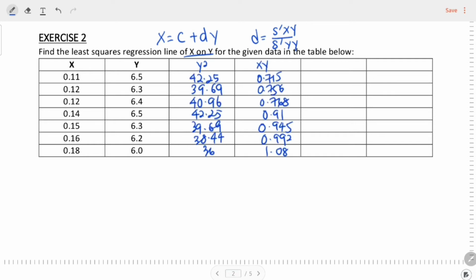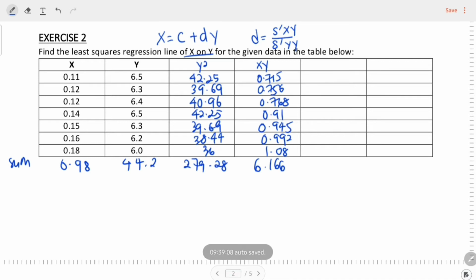Please feel free to pause the video first while you try to calculate the values of y squared and xy. Okay, so after you calculate all of these values, you need to find the sum of x, the sum of y, the sum of y squared as well, and lastly the sum of xy.